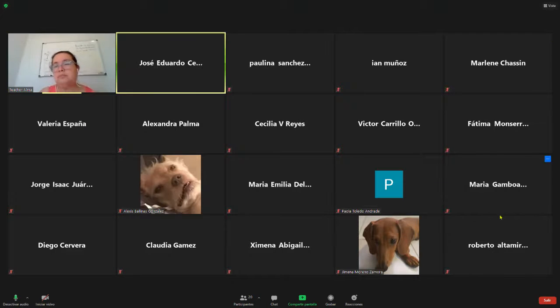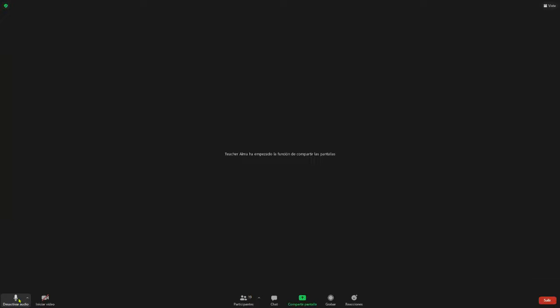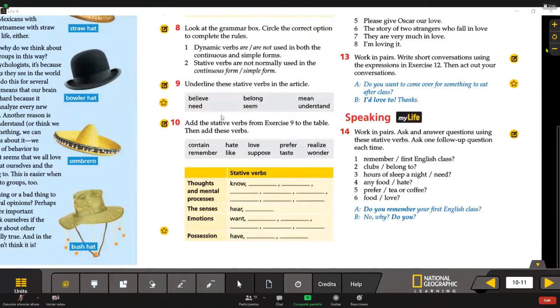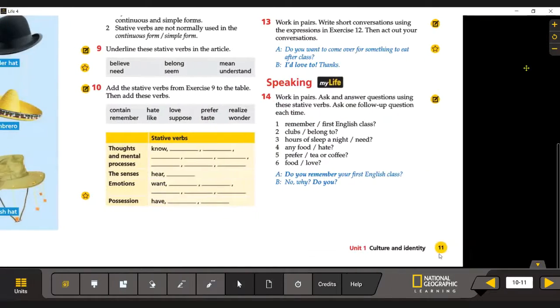Miss, I have only one question about the comparative tables. The part of the stative verbs, I make another examples? Oh, yes, of course. I have already mentioned some. And then here you have some other examples. Observe. This is in the book on page 11.